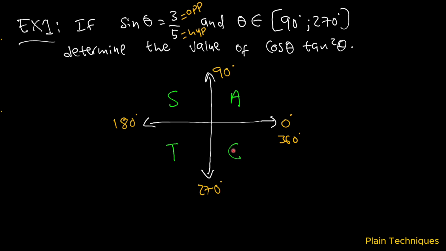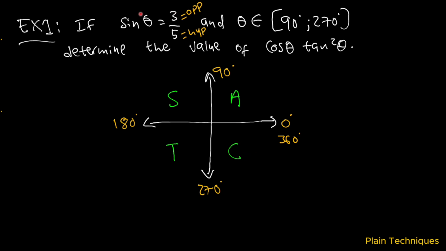It means that all of the trigonometric functions are positive in the first quadrant, in the second quadrant only sine is positive, on the third quadrant only tan is positive, and on the fourth quadrant only cos is positive.